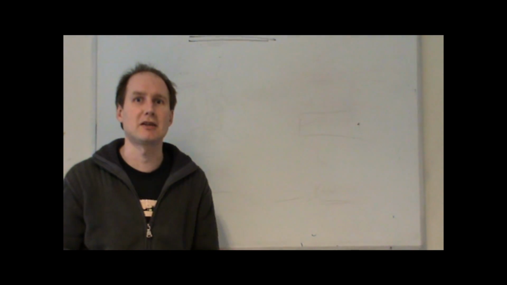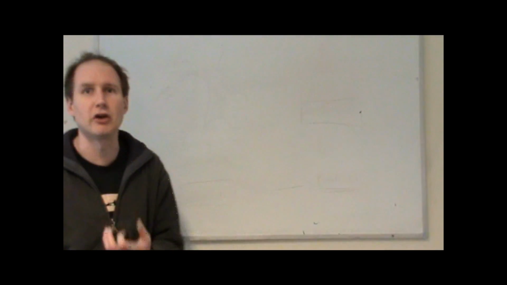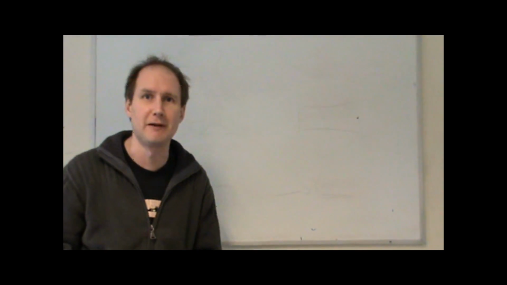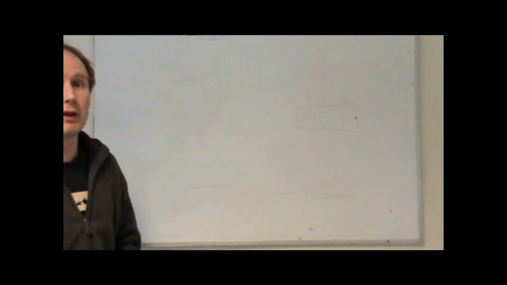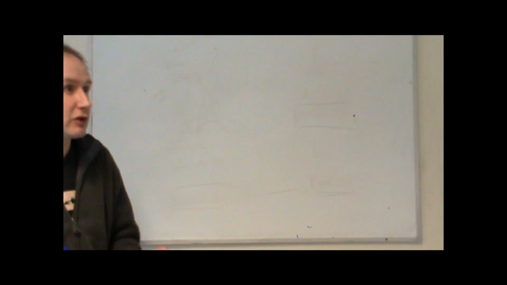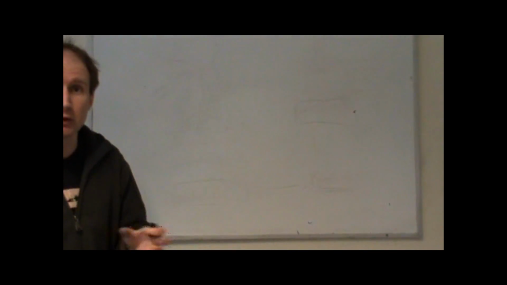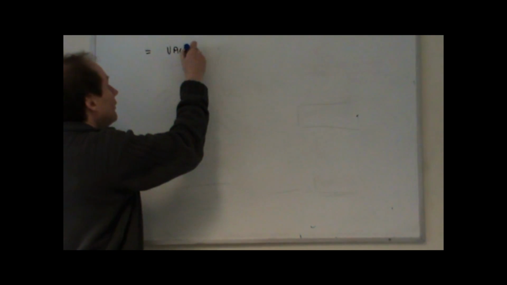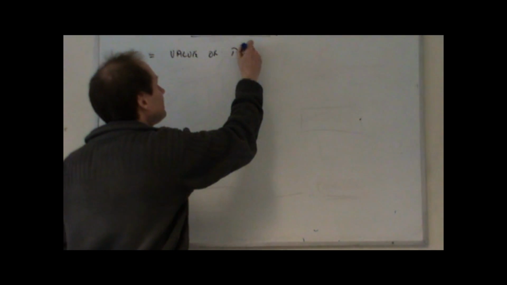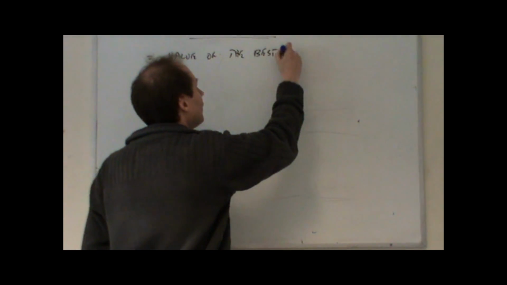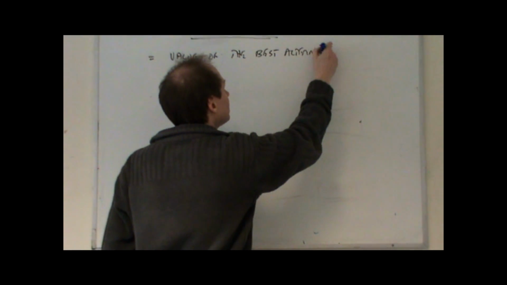You could have had the best alternative. It could have been watching the television, going out for a film. There's lots of things that it could be. The same applies to the economy. If we use land to produce one thing, then we can't use it to produce another. And this is what a production possibility frontier can illustrate. The definition of opportunity cost, as I'm sure you know, is the value of the best alternative foregone.